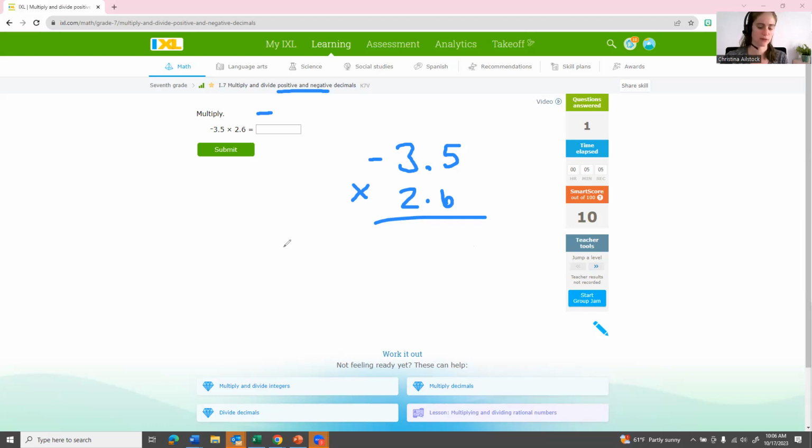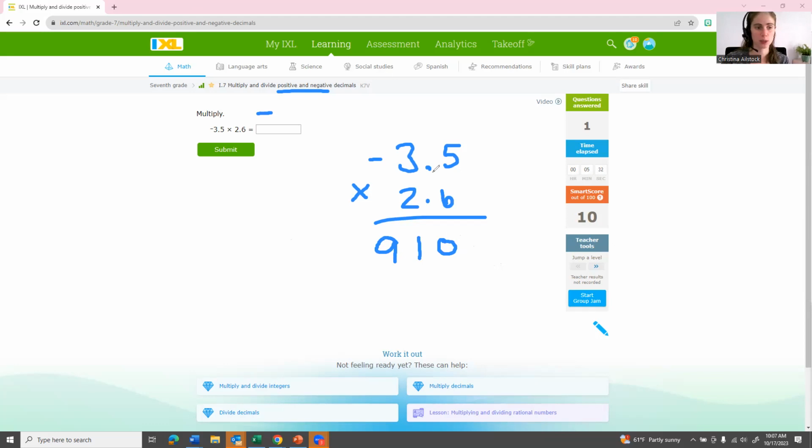All right, after you've done that, you will perform your multiplication. So we would have 3 and 5/10 times 2 and 6/10, giving you a total of 910 after you perform the multiplication and addition. But of course, as we know, we need to figure out where that decimal point goes.